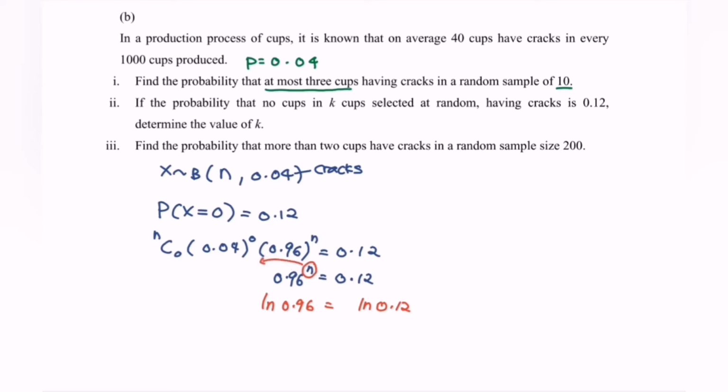So n is equal to ln 0.12 over ln 0.96. So the value of n is equal to 51.94. If we round up, n is approximately 52. So the value of n is actually the value of K.